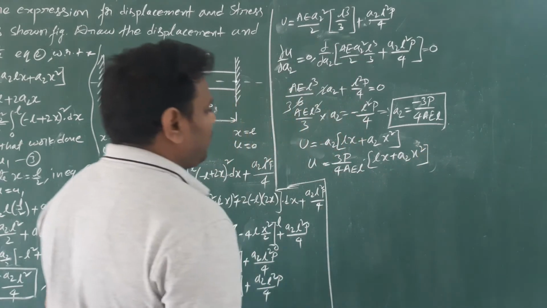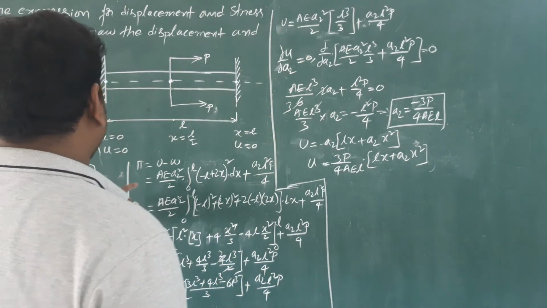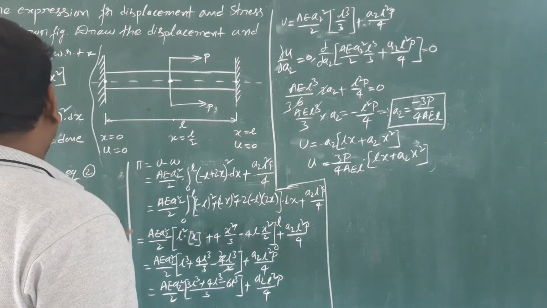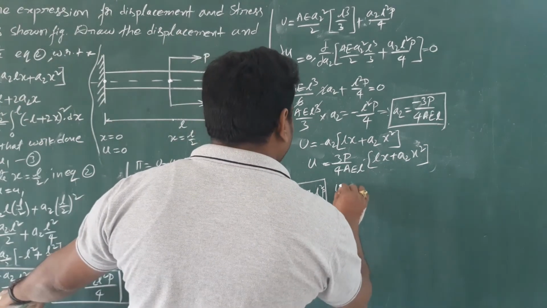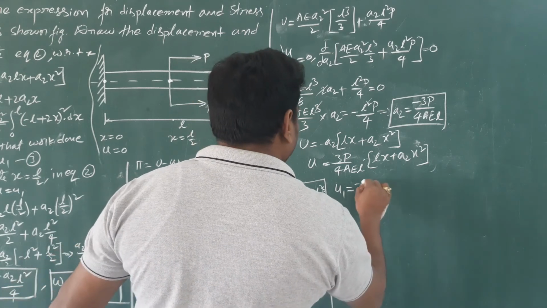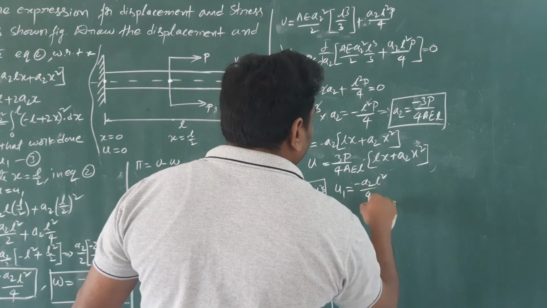Okay, and substitute this A2 in u1 also, then we will get the middle deflection. We know that u1 is equal to minus A2 L square divided by 4.